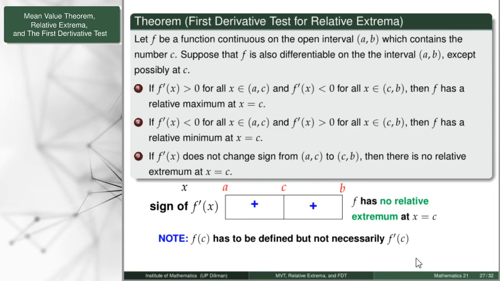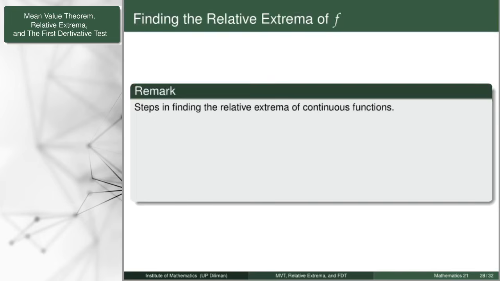The important parts here are as follows. Number one, you need to be assured that the function is continuous. Number two, you have a critical point c to analyze. And number three, you know the derivative and you can find the signs of your derivative.